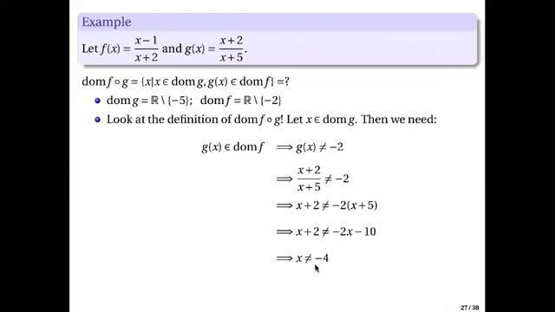Further calculation, you will get x cannot be -4. You put the -2x to this side, and the 2 to the other side, and you will get 3x cannot be equal to -12, or x cannot be equal to -4. Which means the domain of f circle g is the set of real numbers except -5 and -4.